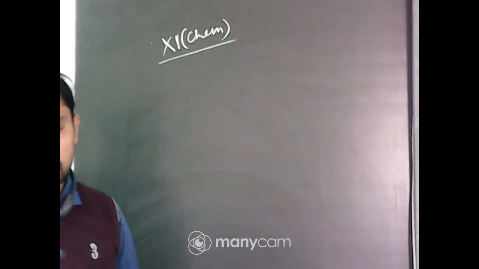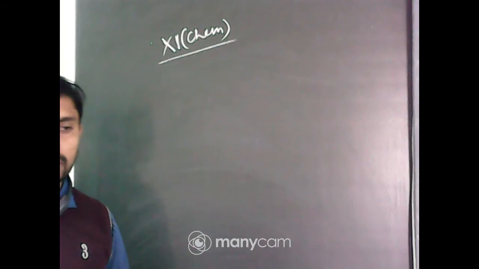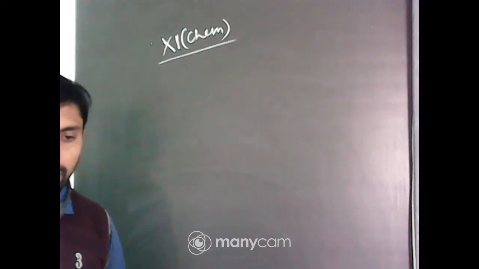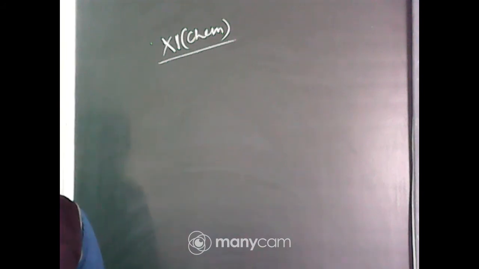The units which should be included in your exam for class 11 chemistry are: number 1, atomic structure; number 2, the states of matter; number 3, equilibrium; number 4, chemical bonding; and number 5, P block elements.